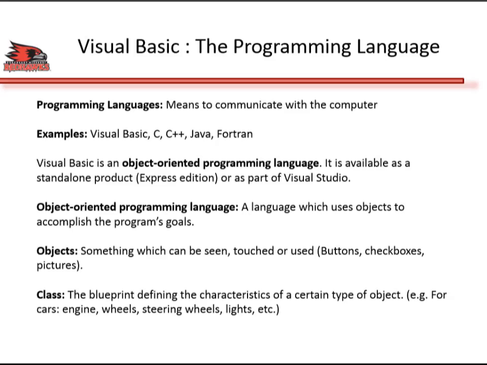And every object is predefined, like it has a set of characteristics which the developers, the guys who actually wrote Visual Basic so that we can use it, define. They basically define certain classes, which are basically a pattern which an object is supposed to have.